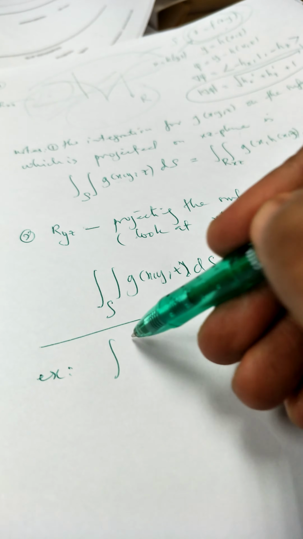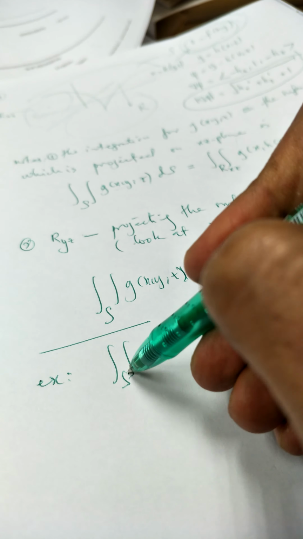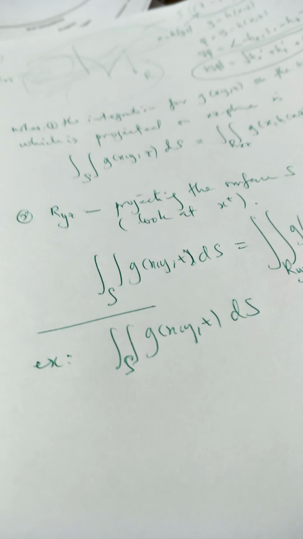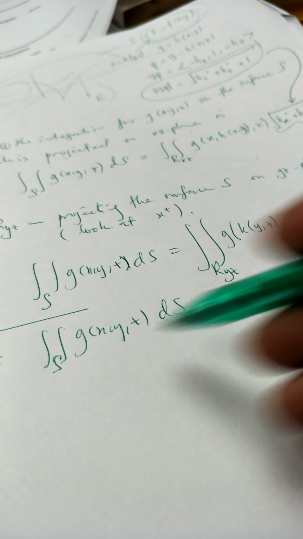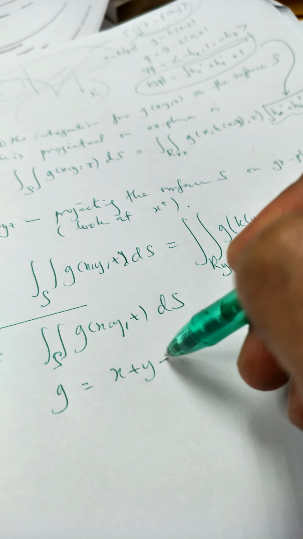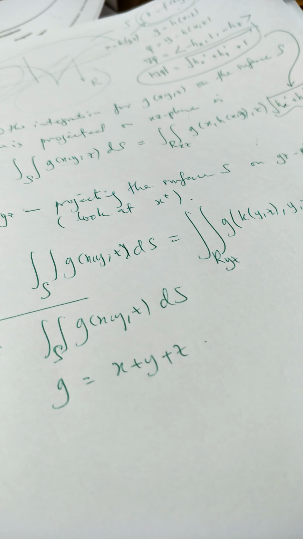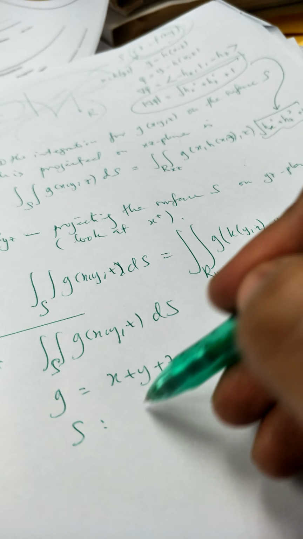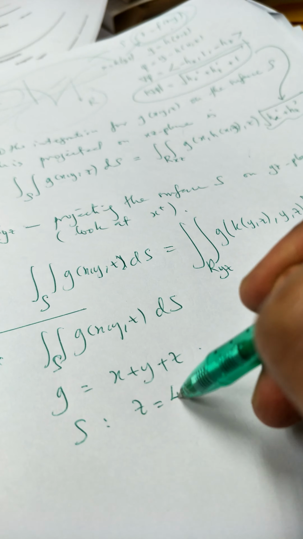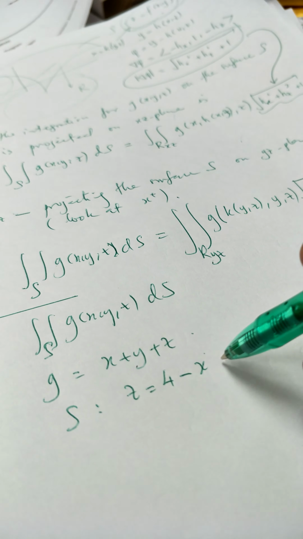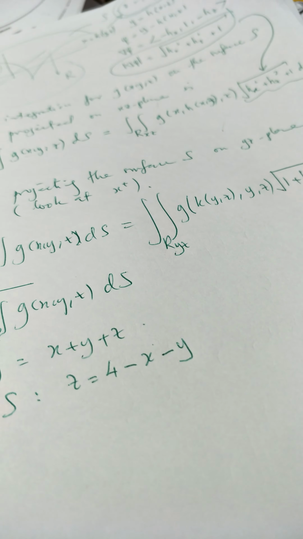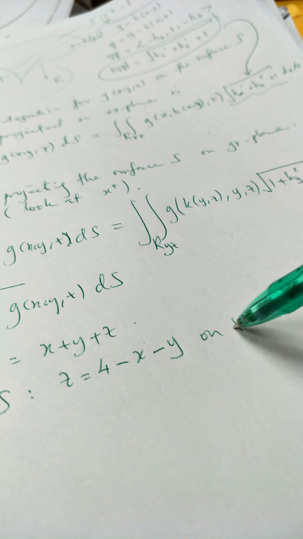Evaluate the integral of g(x,y,z) dS for g given as x plus y plus z, and our S is given as z equal to 4 minus x minus y on the first octant.